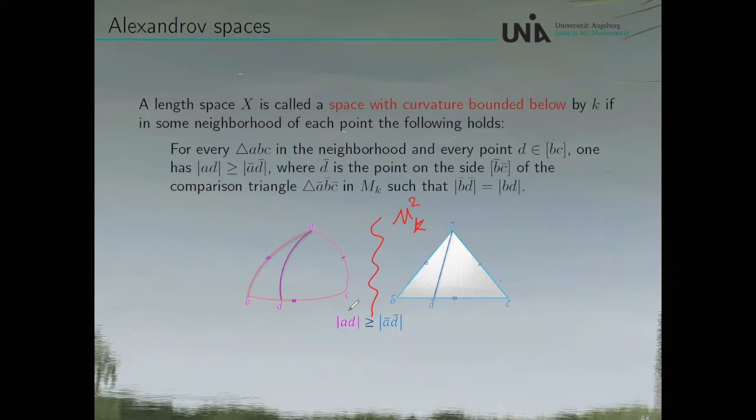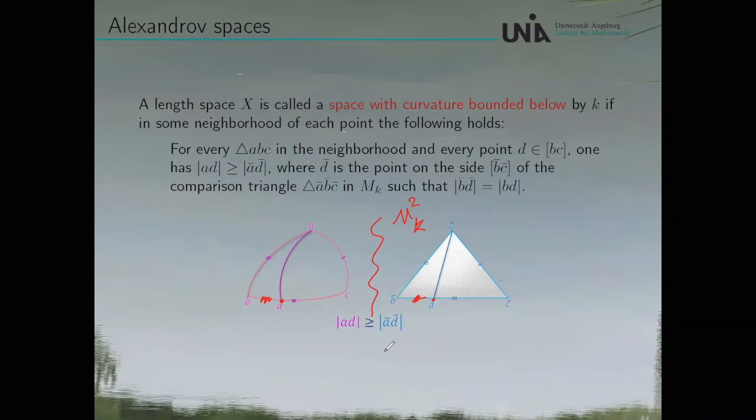And then if I choose a point D on one of the sides, and the corresponding point D bar on the comparison triangle, by corresponding point I mean this side is equal to this side, then the distance between A and D is bigger than or equal to the distance between A bar and D bar.